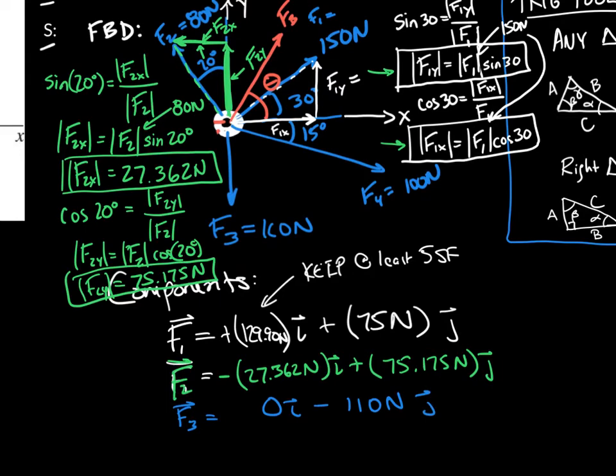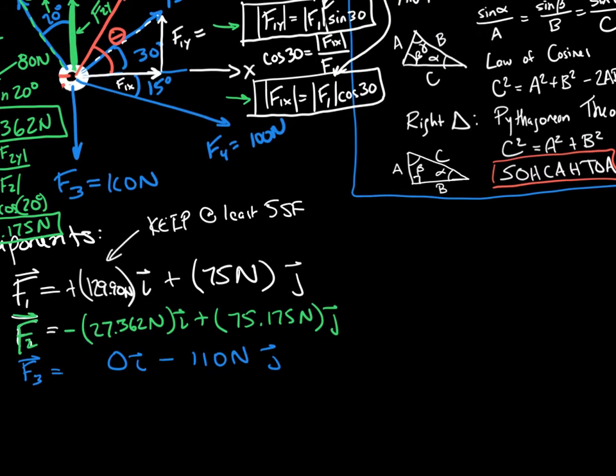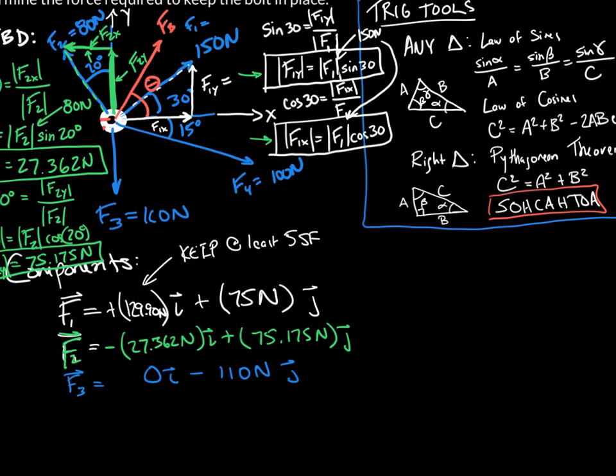Okay, and then let's see, F4. Ooh, F4. Okay, let's see if we can find some space to do F4. I'm not going to do all the trig on this one because it's the same trig as what we did for F1, and so I could say that the magnitude of F4x is going to end up being the magnitude of F4 times the cosine of 15 degrees.